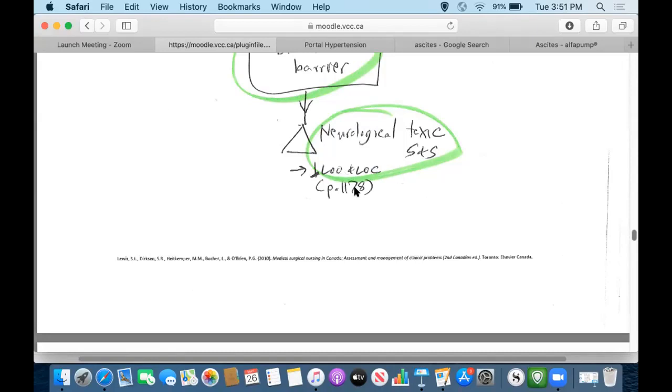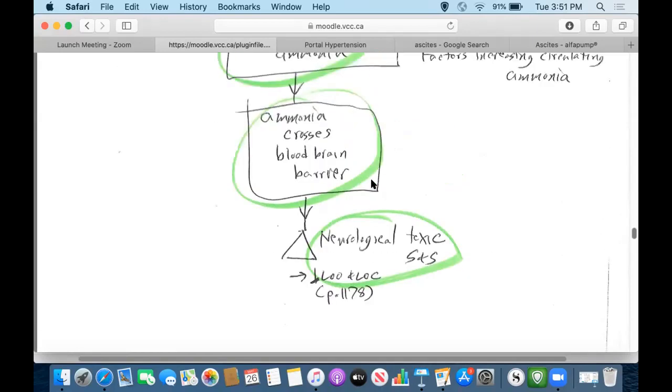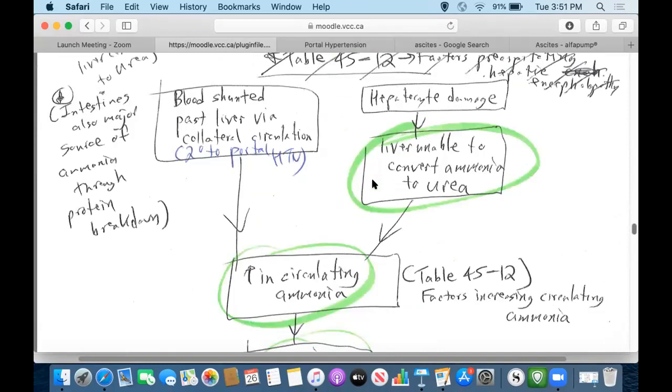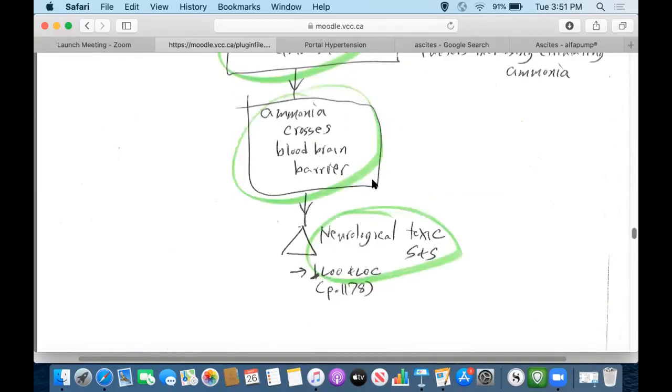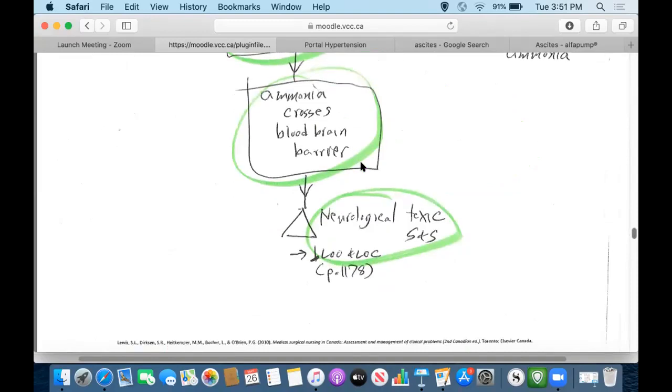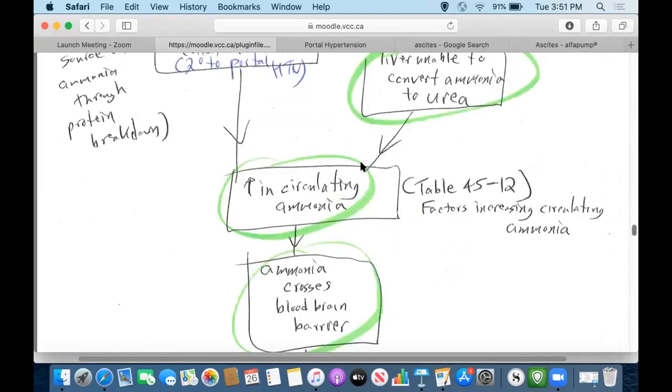But the big sections are the LOO and LOC getting affected. This is called hepatic encephalopathy. Okay, and we're going to come back to how we address that later. All the question was asking us is what causes hepatic encephalopathy: it's secondary to liver failure.